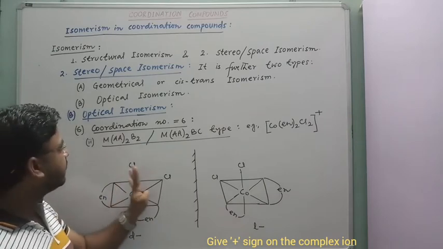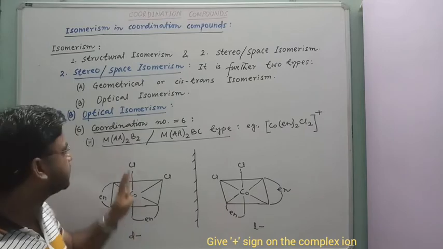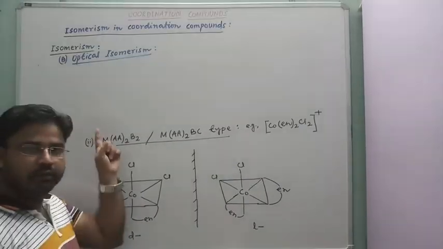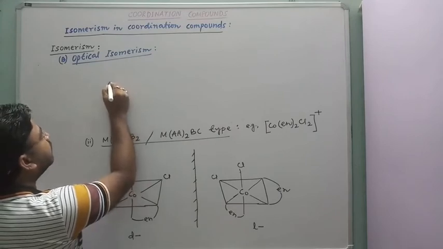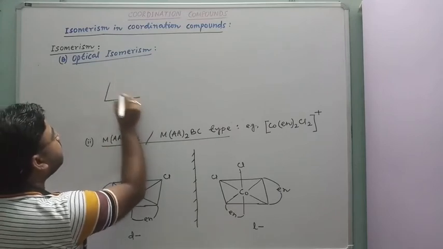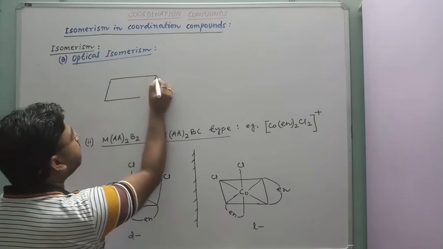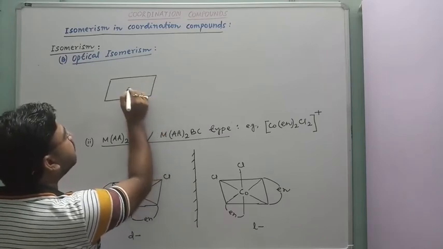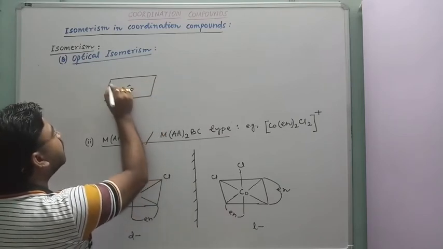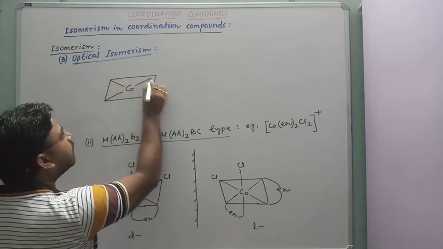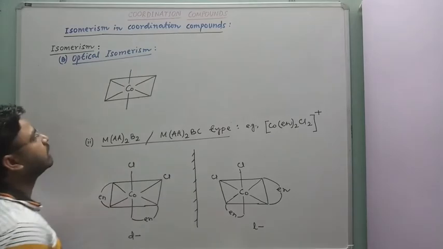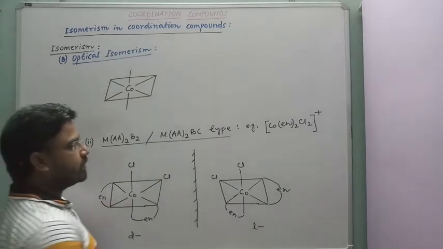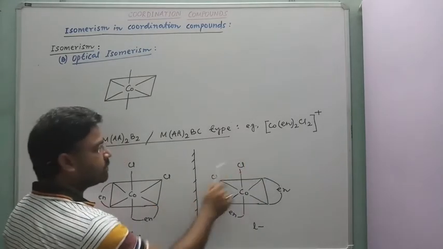But if I draw the trans form, see the trans form here. Co 1, 2, 3, 4, 5, 6. Now see, here one mistake.